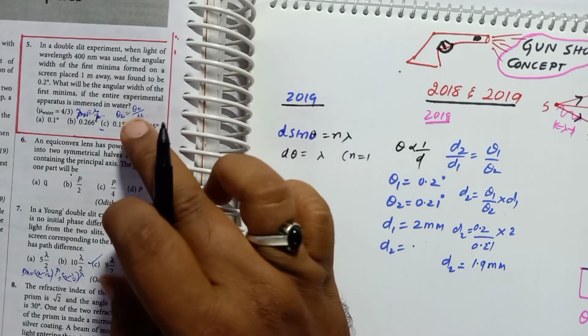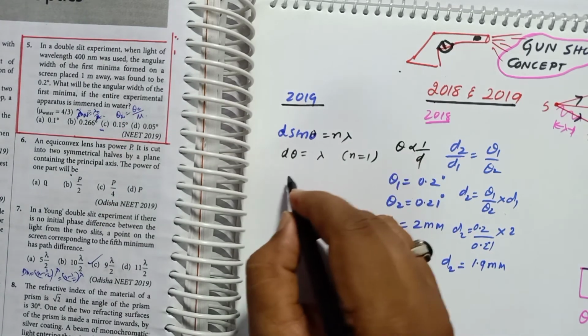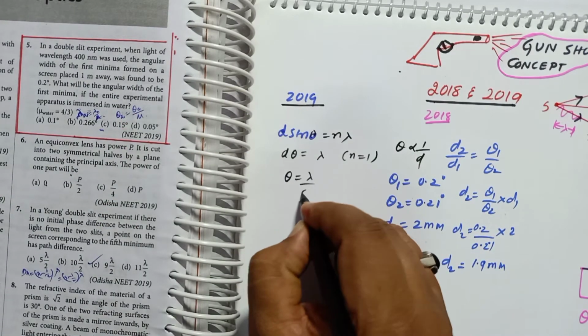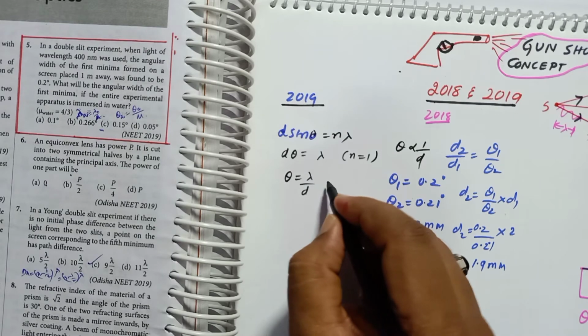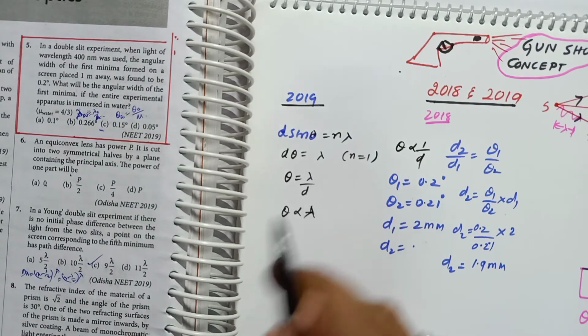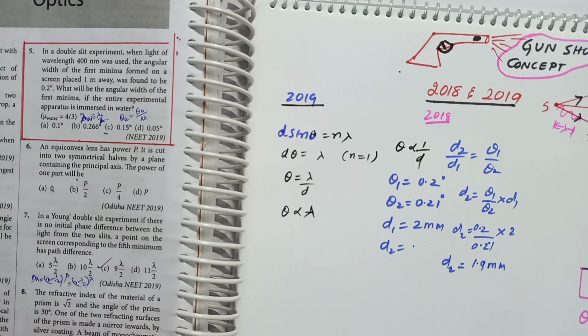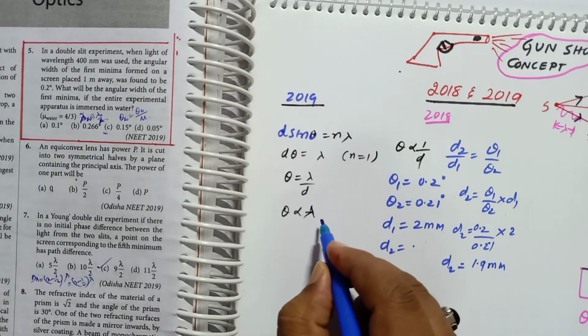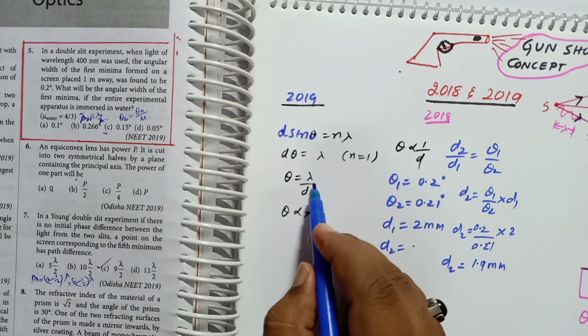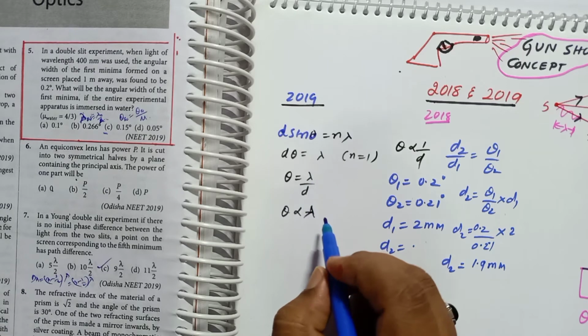Then theta is equal to lambda by d. It is clear from this concept that theta is directly proportional to lambda.